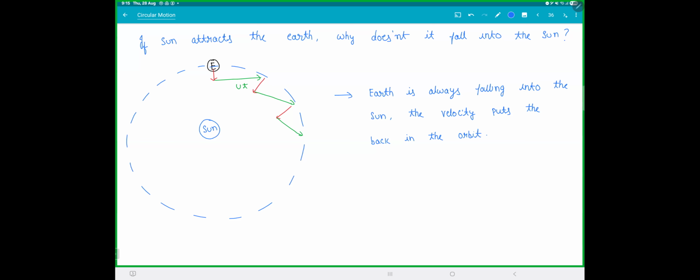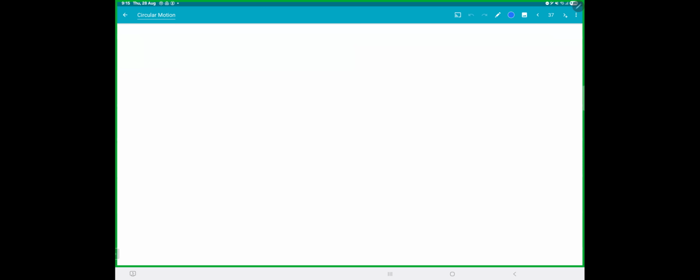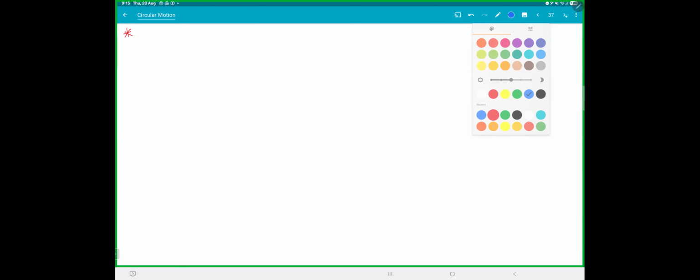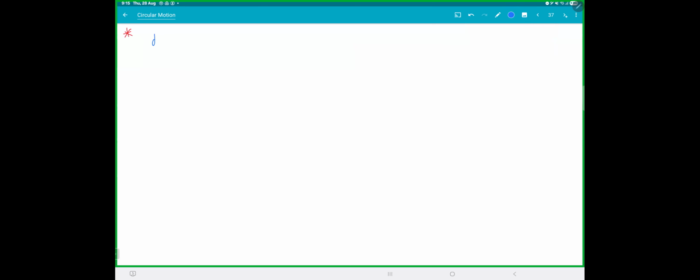Now, let's put this all together. This is the main thing. See, this is how the story goes. Most people think like this: since you're going in a circle, the force comes. It is wrong. It is the other way around. If a particle wants to move in a circle with speed u, it needs to have an acceleration.